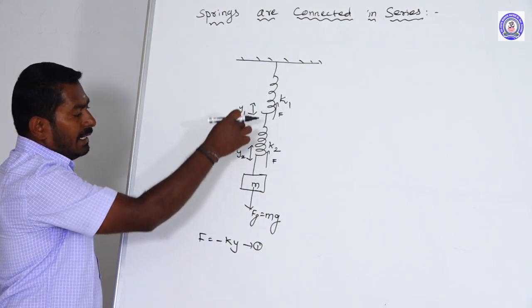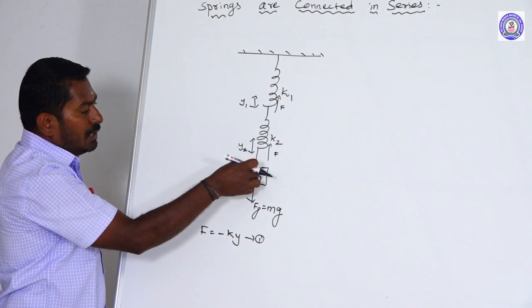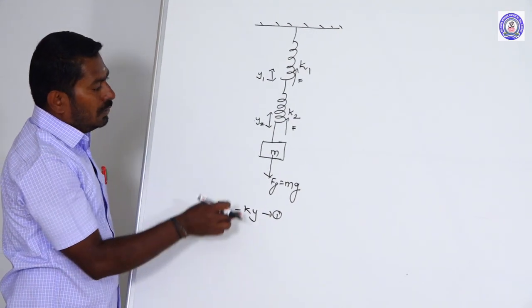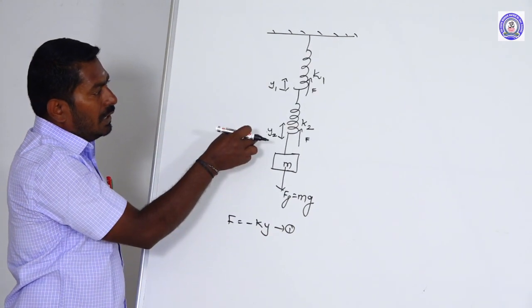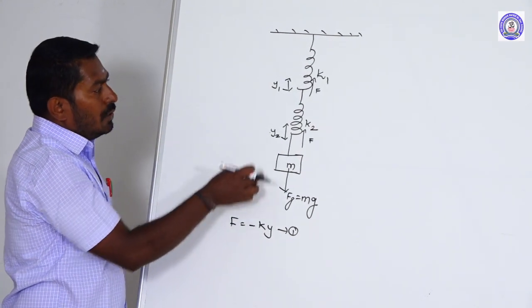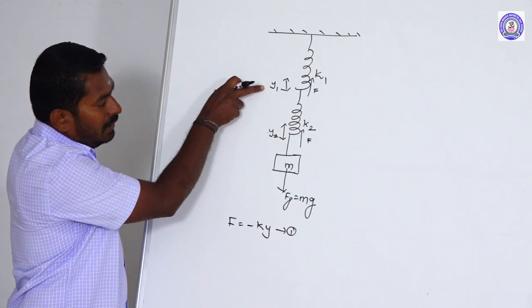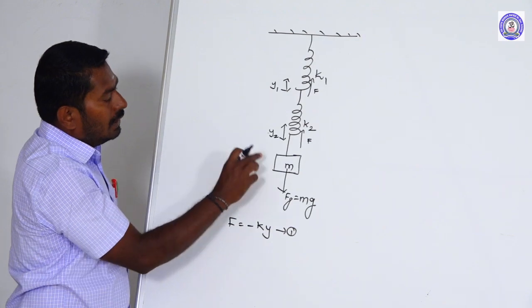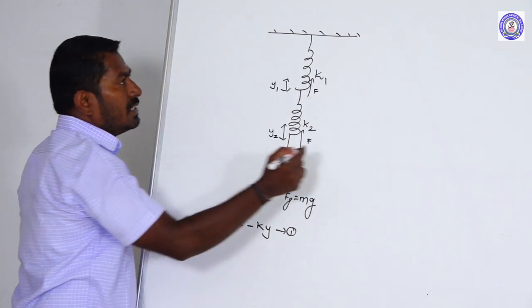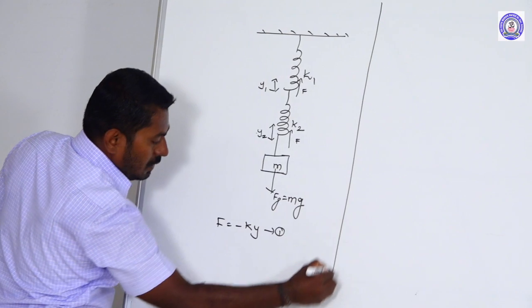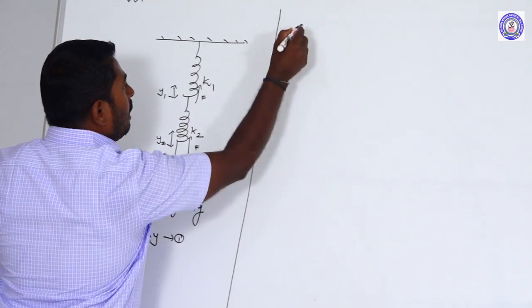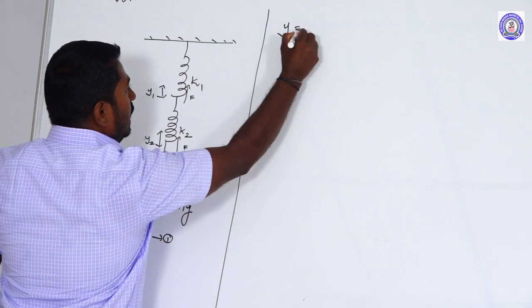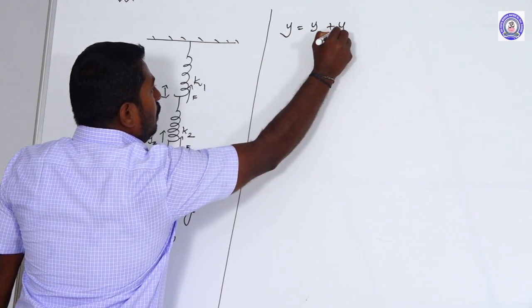If two springs are connected in series, the restoring forces exerted by both springs have the same magnitude, but the extensions produced in the springs are different. The extension in the first spring is y1 and in the second spring is y2. Then the total extension produced in this combination is y, which is equal to y1 plus y2.